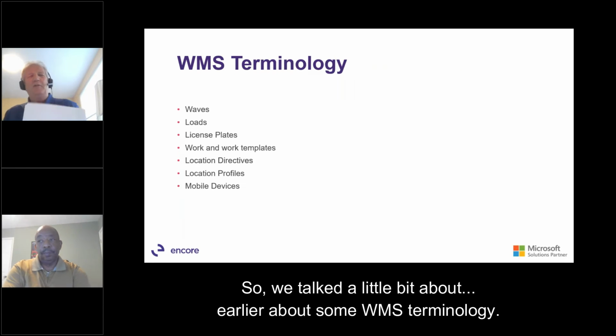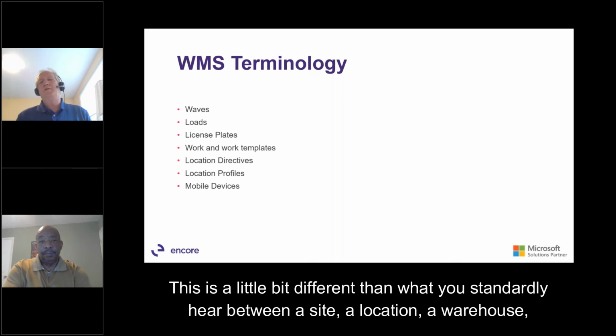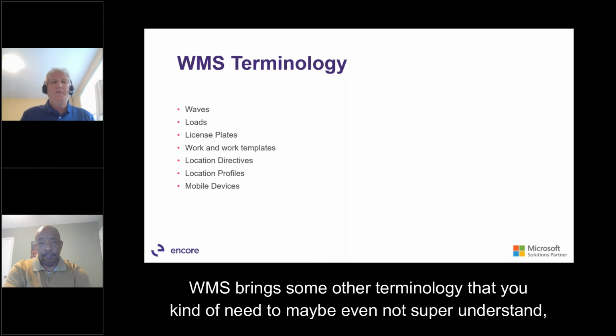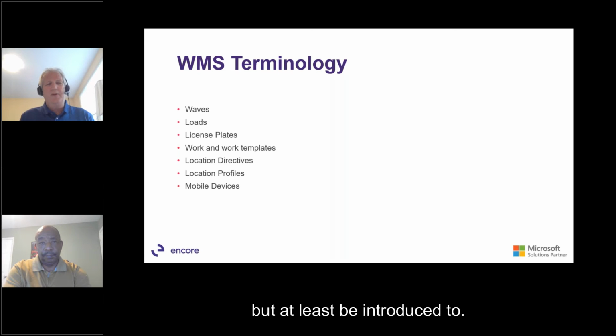So we talked a little bit earlier about some WMS terminology. This is a little bit different than what you standardly hear between a site, a location, a warehouse, those types of things. WMS brings some other terminology that you maybe don't need to super understand, but at least be introduced to.